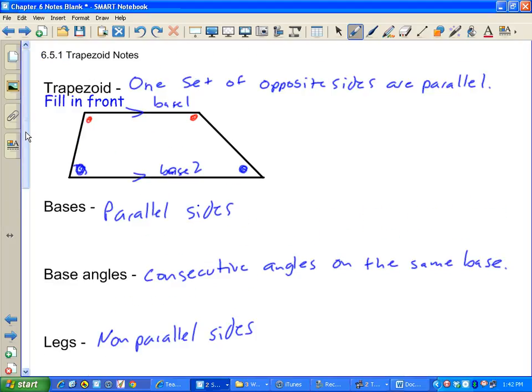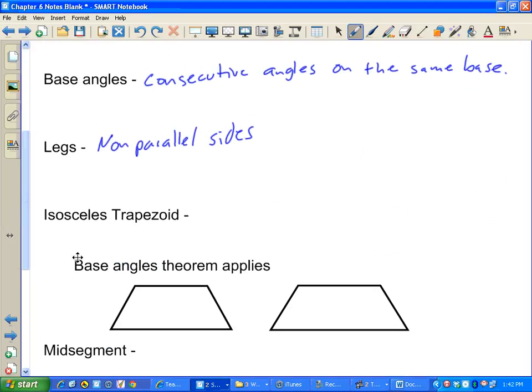So let's do one more and then we'll fill in our front here. An isosceles trapezoid is a trapezoid, but it's got congruent legs. So it's a trapezoid with congruent legs.